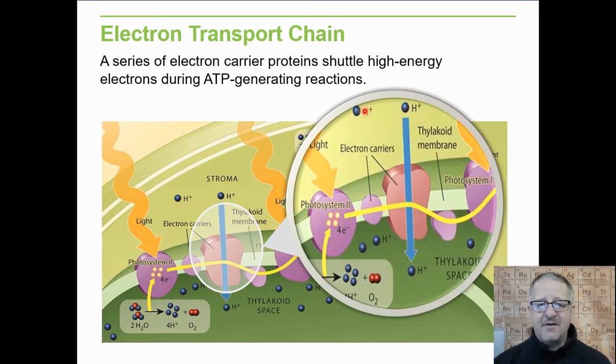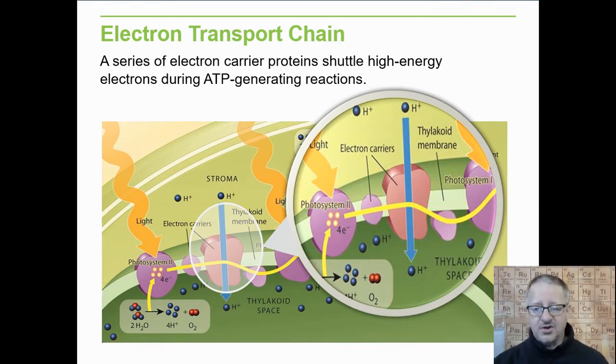We have some hydrogen ions outside of the thylakoid in the stroma, and they're getting pumped across this protein channel to the inside of the thylakoid. We're also getting H plus ions produced from splitting those waters apart back in photosystem 2. So there's a couple sources of hydrogen ions.